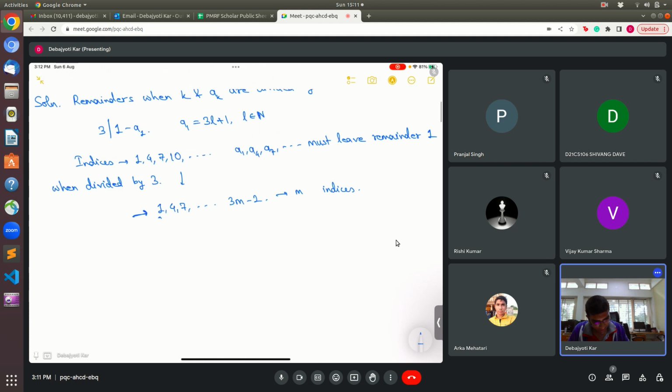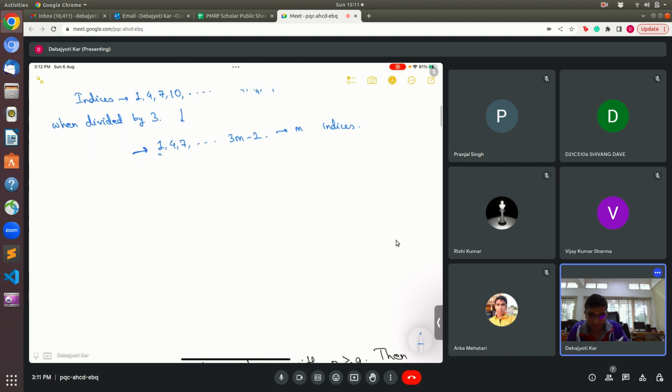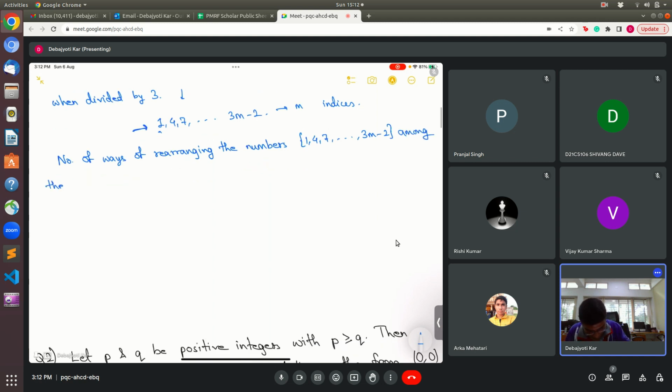Since there are m numbers and m indices, the number of ways is m factorial.